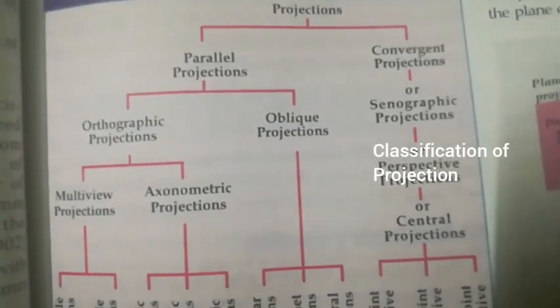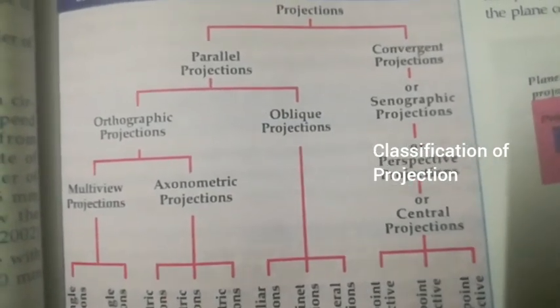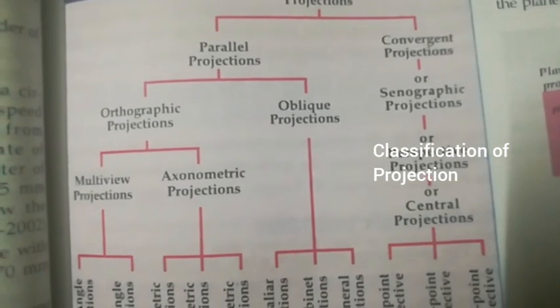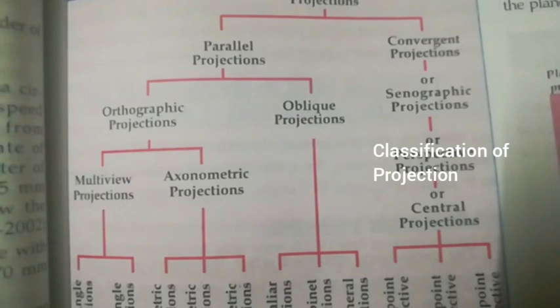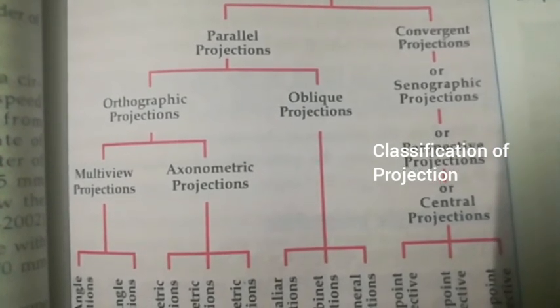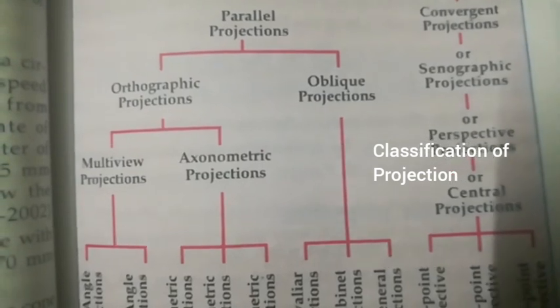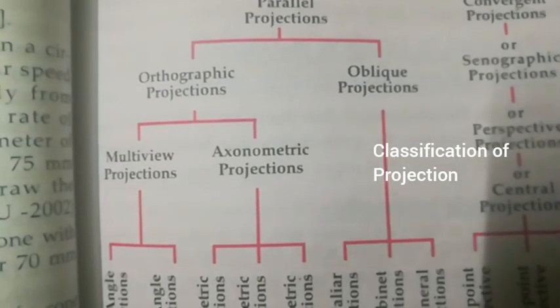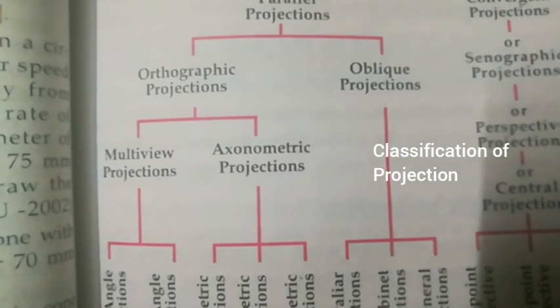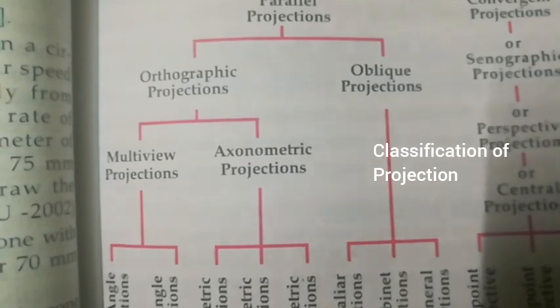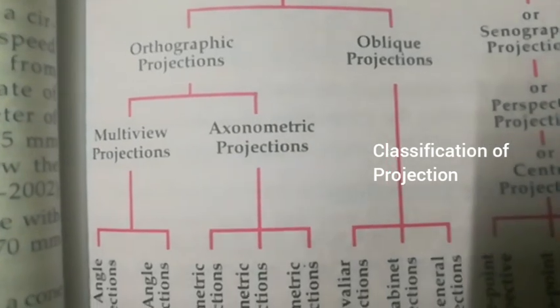Classification of projection. Projection may be divided into parallel projection and convergent projection. And parallel projection is divided into orthographic projection and oblique projection. So we will concentrate on orthographic projection. Orthographic projection means the projectors are falling on the plane of projection at an angle 90 degree.